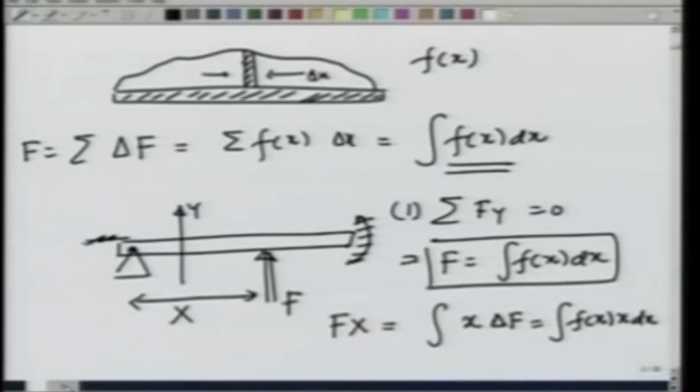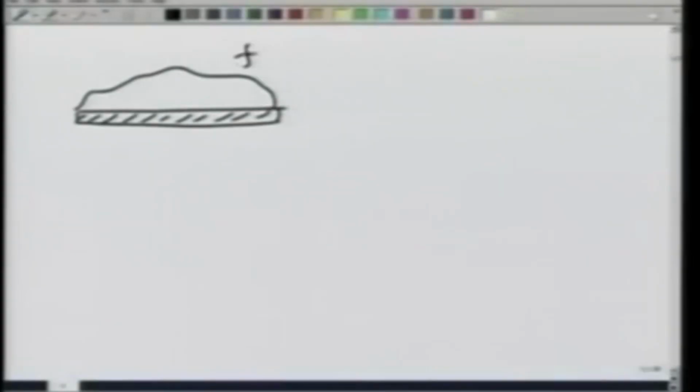So, on this beam, if there is a force distribution f x, then I have the net force F that I am supposed to apply. This is about this pin joint.